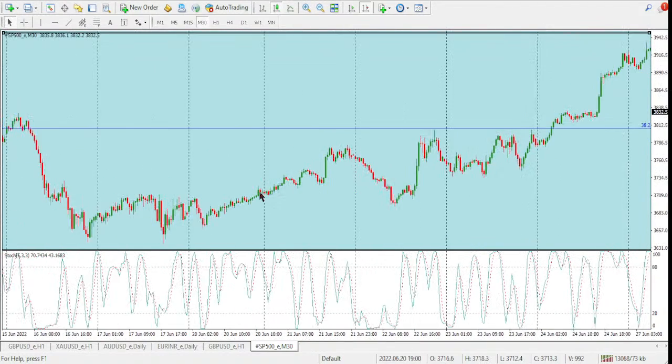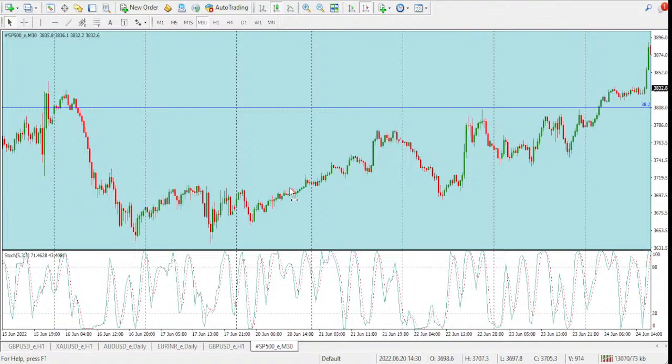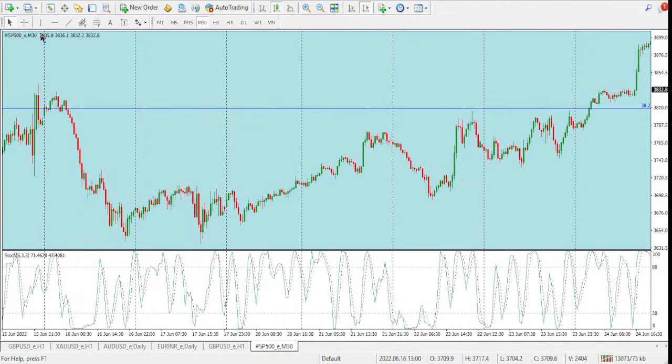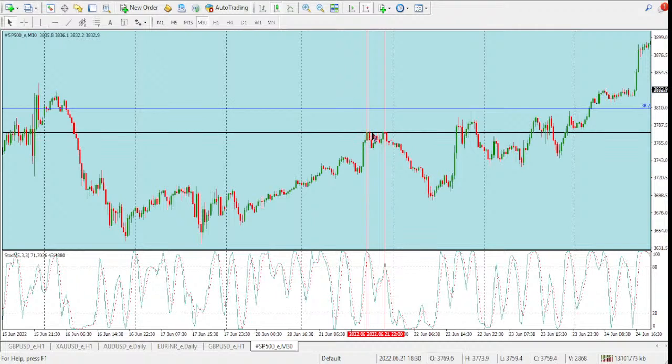Let's see another example. The other example could be this one here, where you find that the price is here and the stochastic is here. Then at some point, the price has gone back to the same level where it was previously, while the stochastic is several points below the same place.